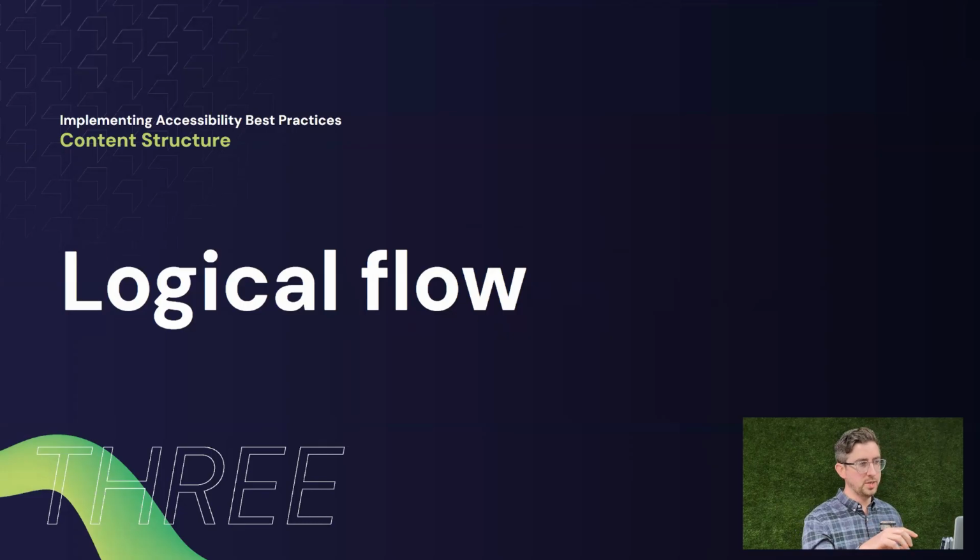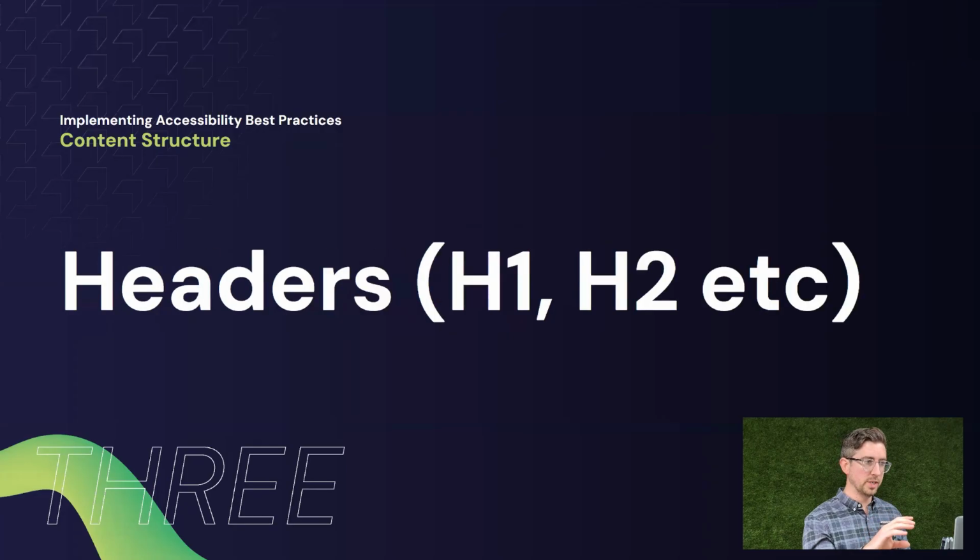Now, if you're using things semantically to make a logical flow, you're using things like headers, like H1s, H2s, etc. And I'm sure most of you on this call this morning will have interacted with this with some sort of content management system, whether it be WordPress or Webflow or anything that you can build websites in, and it will give you options to add these different types of headings.